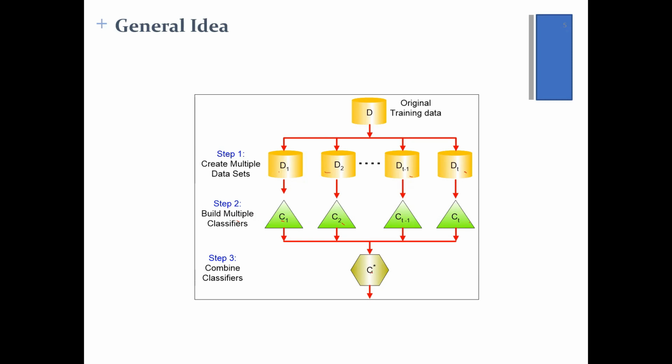Then you combine them together. This is how you combine it. Once you build the individual ones, they could be homogeneous or heterogeneous. Homogeneous means they are the same algorithm. I have KNN where K is equal to 1. That is a model. I have another KNN where my K is equal to 2. This is another model.